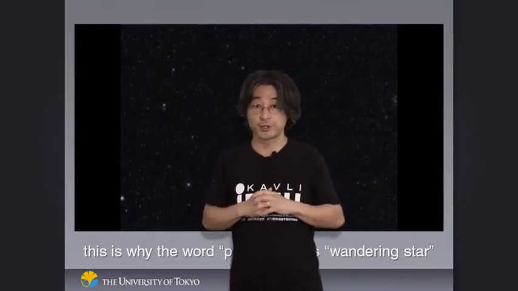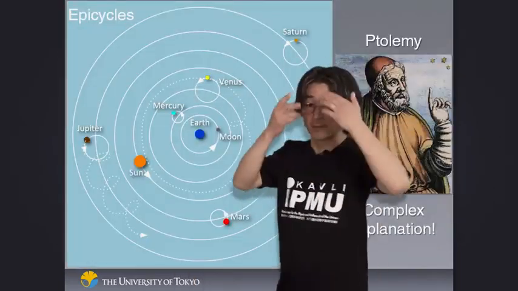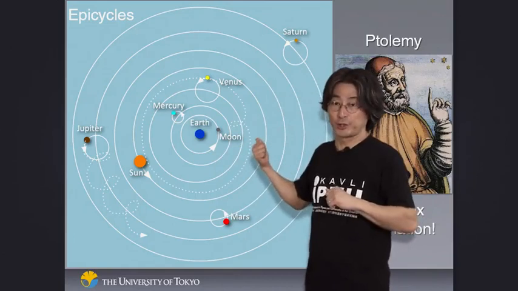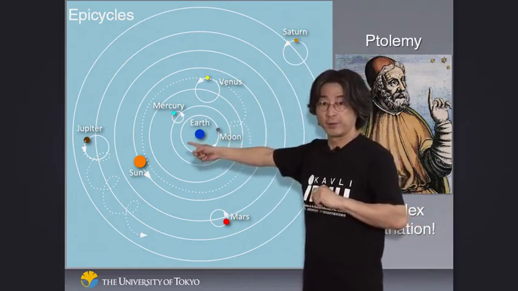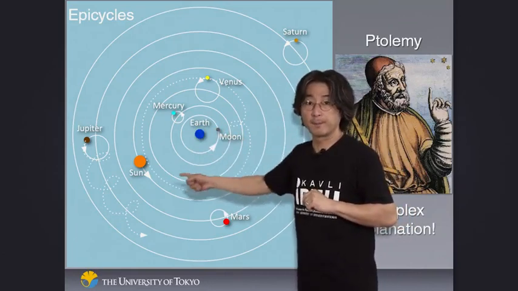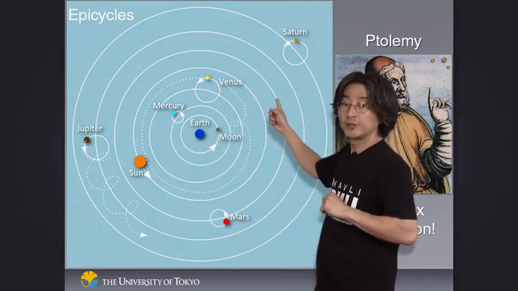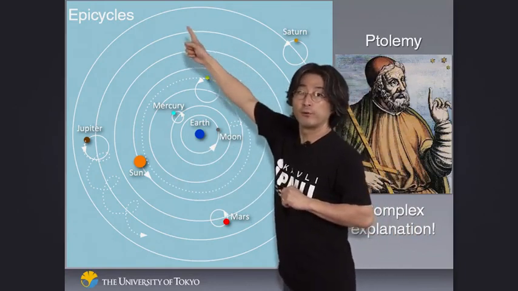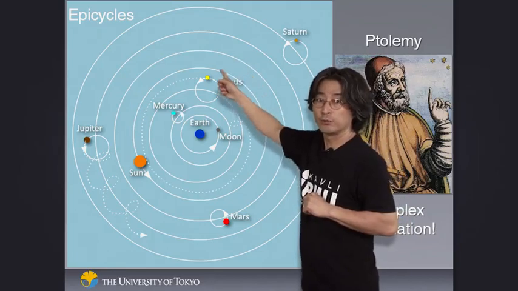So they had to actually change their understanding of the structure of the universe. This is the revision to the previous idea. We are still at the center of the universe. Everything is moving about us. But if you look at Saturn up here, then in addition to this overall revolution around the Earth, it also has its own motion.